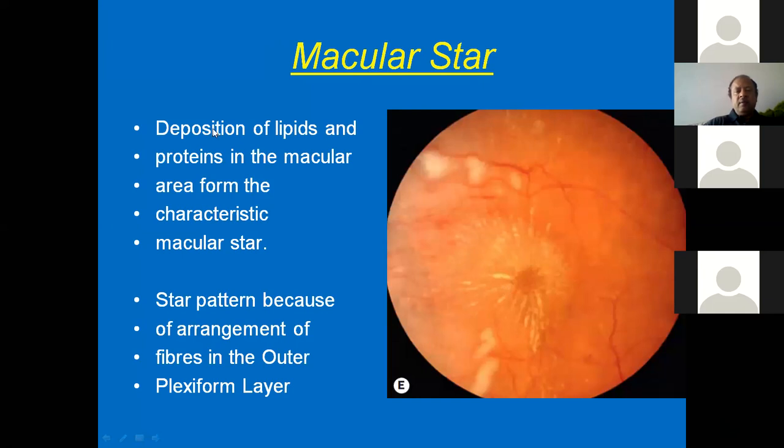Deposition of lipids and proteins in the macular area form the characteristic macular star. This is macular star. A star pattern because of the arrangement of fibers in the outer plexiform layer.